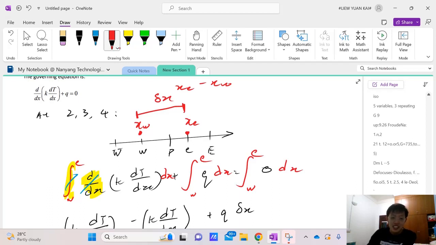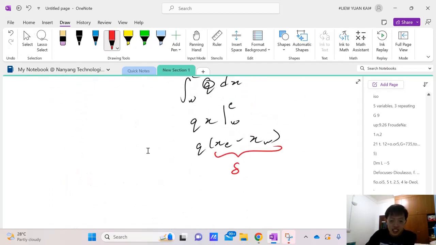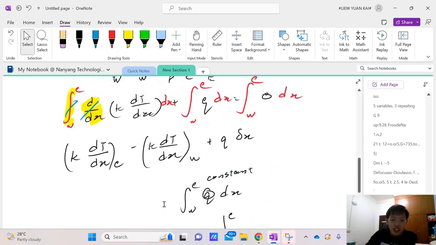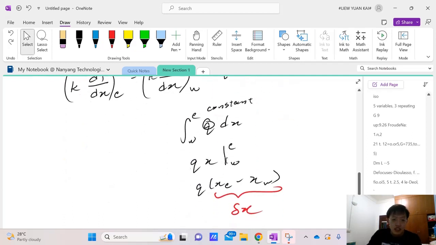So this is actually delta x. That's why if I see a constant and I integrate it from west to east, I know it's just the distance from west to east, which is delta x. So that's how I got this straight away.